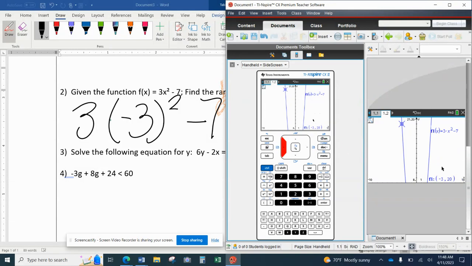So if I look down here, when x is -3, what is y? It's 20.